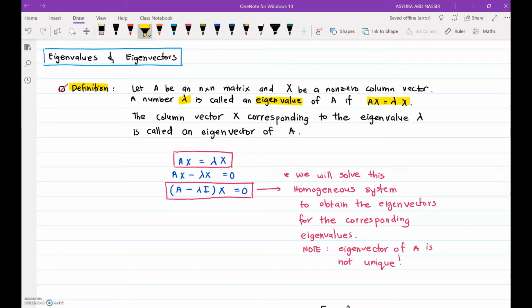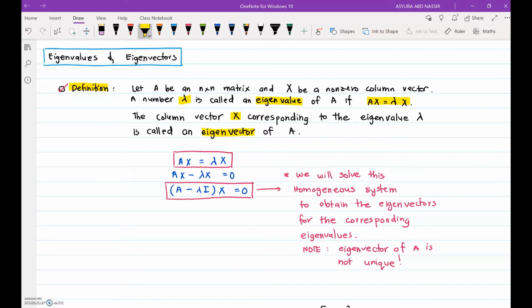So this is the equation that we will use later on. And the column vector x corresponding to the eigenvalue lambda is called an eigenvector of A. So we have two things involved in this topic, eigenvalues and eigenvectors.